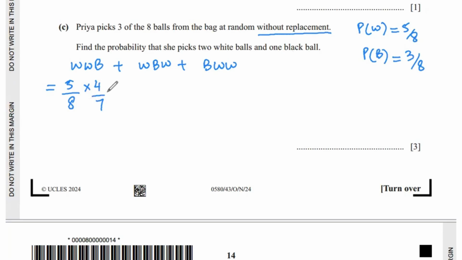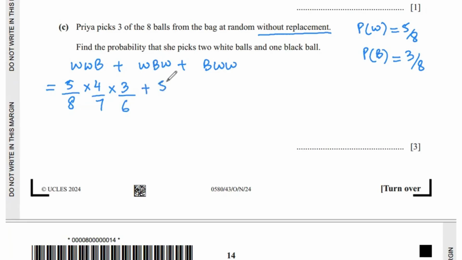Because she's picking the balls without replacement, which means once she's picked up a white ball, now there is one less ball and one less white ball. So the total number of white balls is changing, and so is the total number of balls in the bag. Then times 3 over 6 now. Why 3 over 6? Because she's already picked out 2 balls from the bag. So now there are 2 fewer balls.